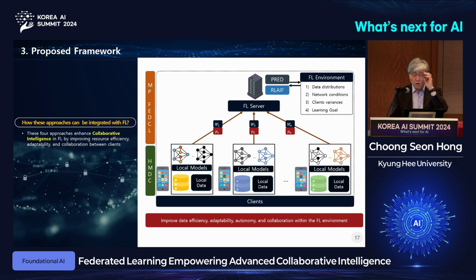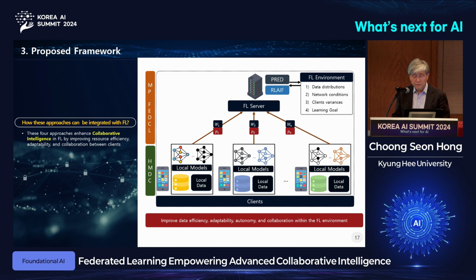Now let's talk about how these approaches can be integrated into federated learning. The framework includes 4 key approaches to enhance collaborative intelligence in FL. First, MP-FedCL is applied at the client level to handle non-IID data effectively. Next, HMDC supports dataset generation for diverse models, improving generalization across clients.